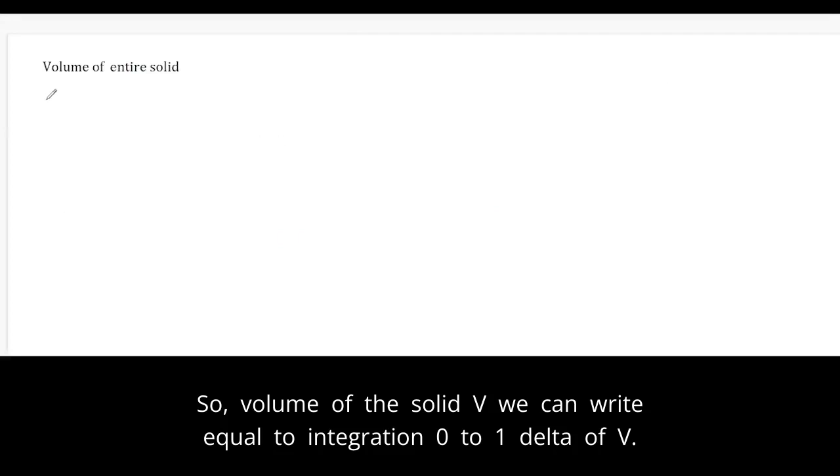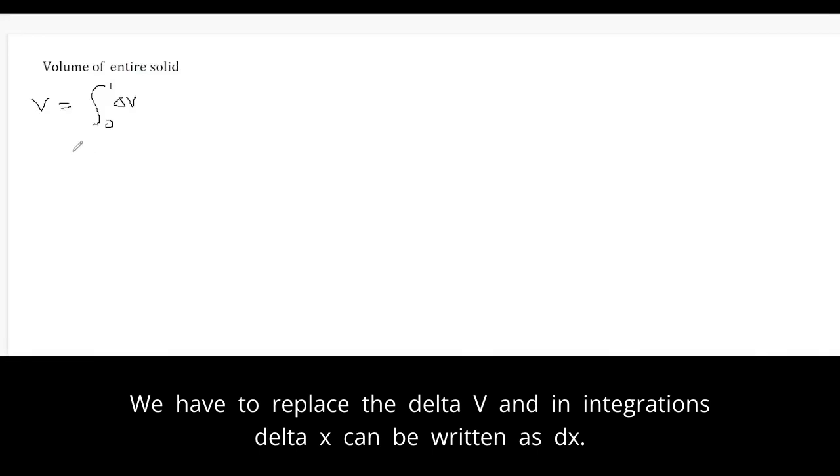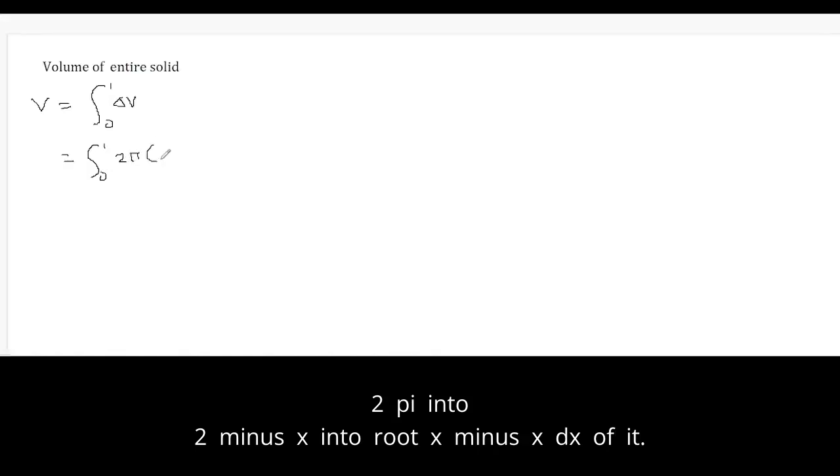So the volume of the solid V is equal to the integral from 0 to 1 of delta V. We replace delta V, and in integration delta x can be written as dx. So the integral from 0 to 1 of 2 pi (2 minus x)(root x minus x) dx.